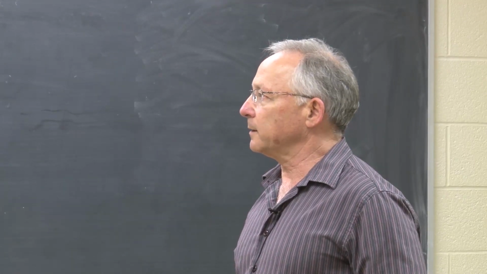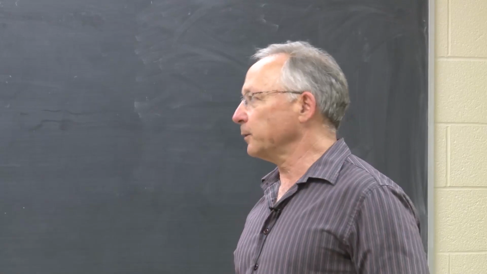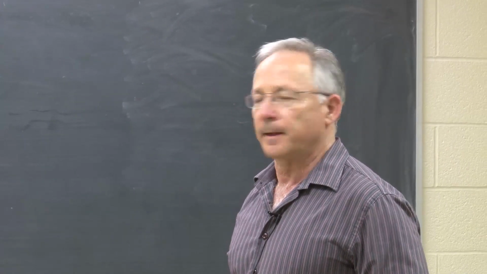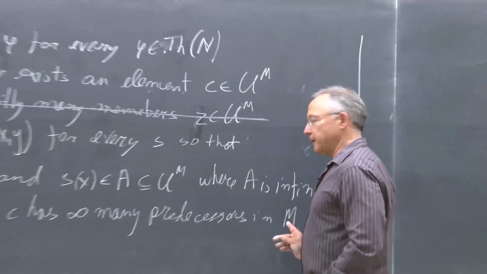So you look a bit puzzled. Just look at it and ask any questions that you may have. I want to say informally that C has infinitely many predecessors in M.